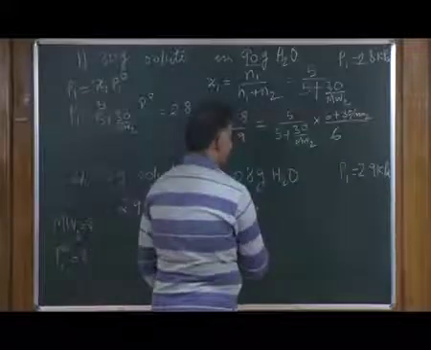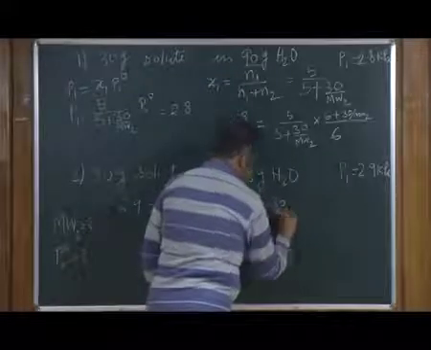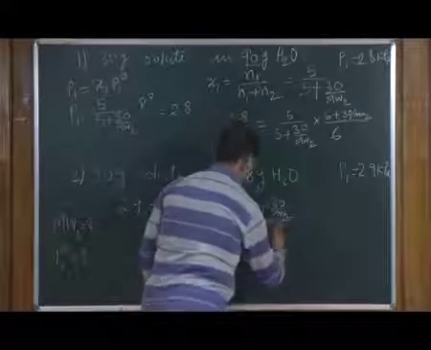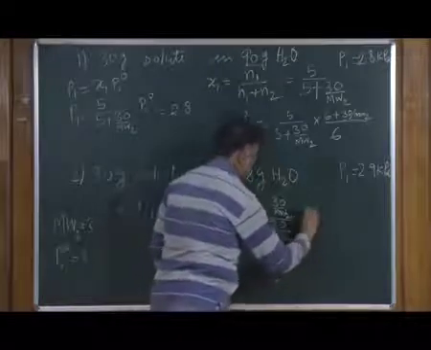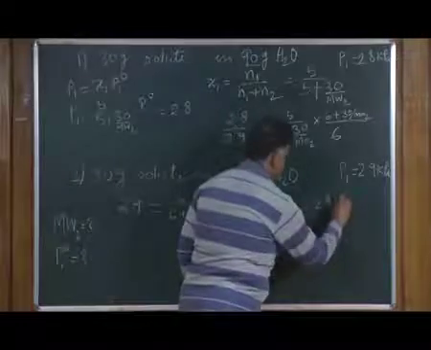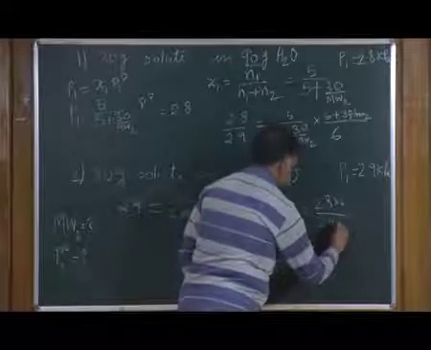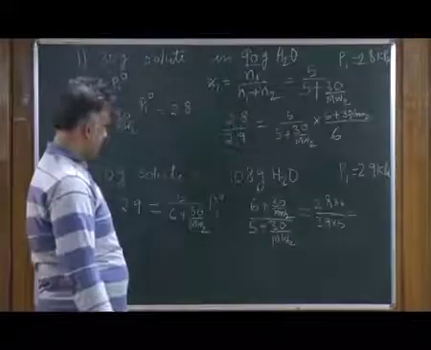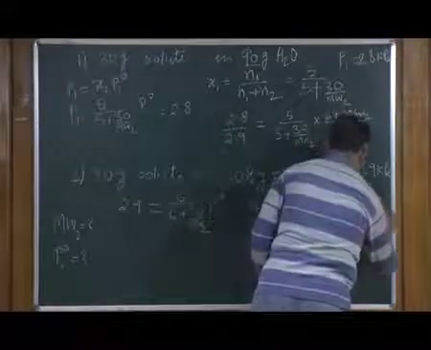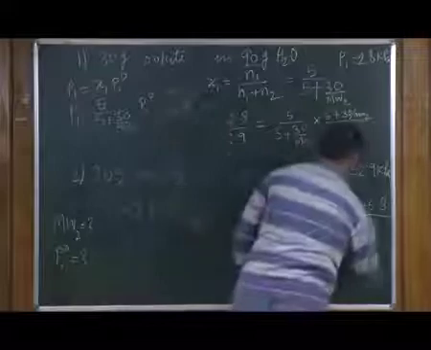This is easily 6 plus 30 by M, the molecular weight of solute, divided by 5 plus 30 divided by molecular weight of solute, is equal to 2.8 into 6 divided by 2.9 multiplied by 5. And 2.8 multiplied by 6 is 16.8 and 2.9 multiplied by 5 is 14.5.